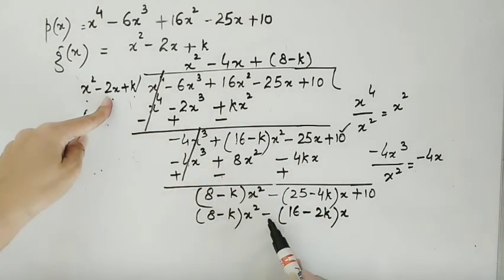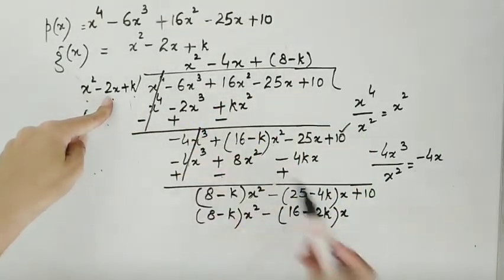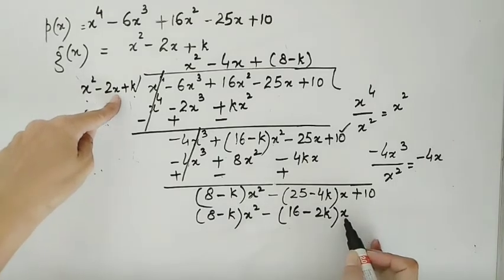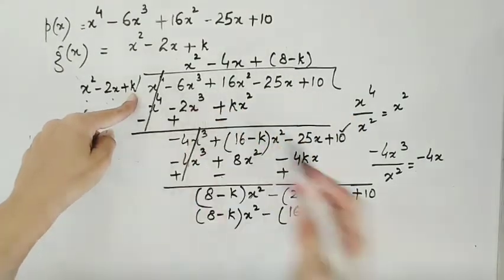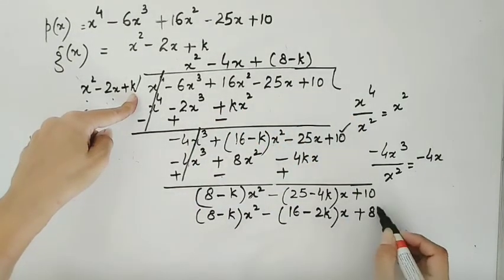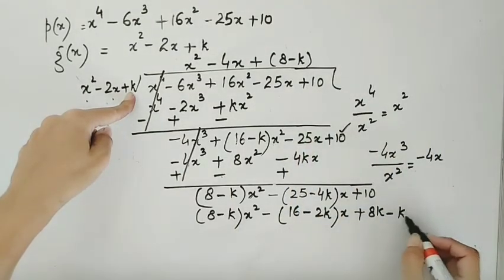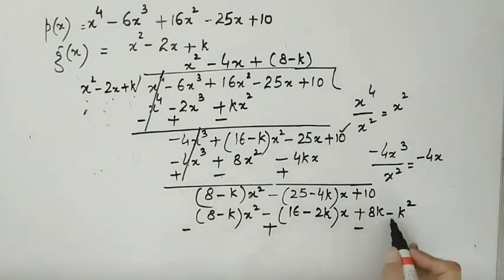Watch it carefully. Negative is taken common. 8 into 2 is 16. K into 2 is 2k. And x comes as such. That's also taken common. And (8 minus k) into k would be positive 8k and negative k square. Now change of sign. This is minus, this would become plus, this would become minus, this changes to plus.